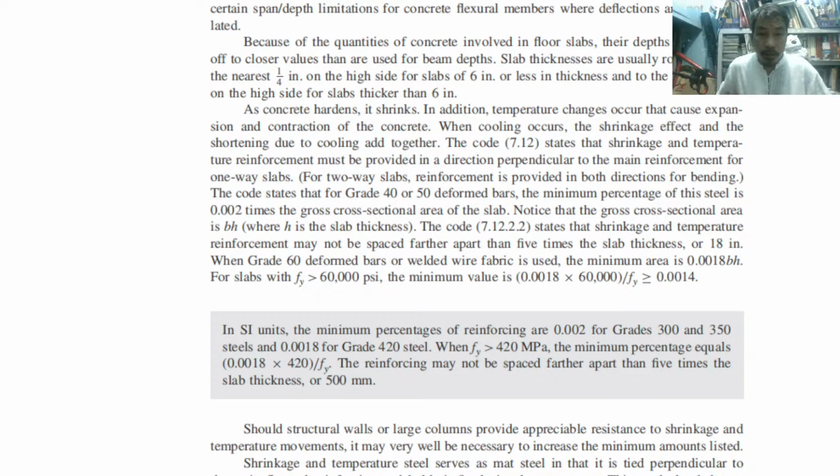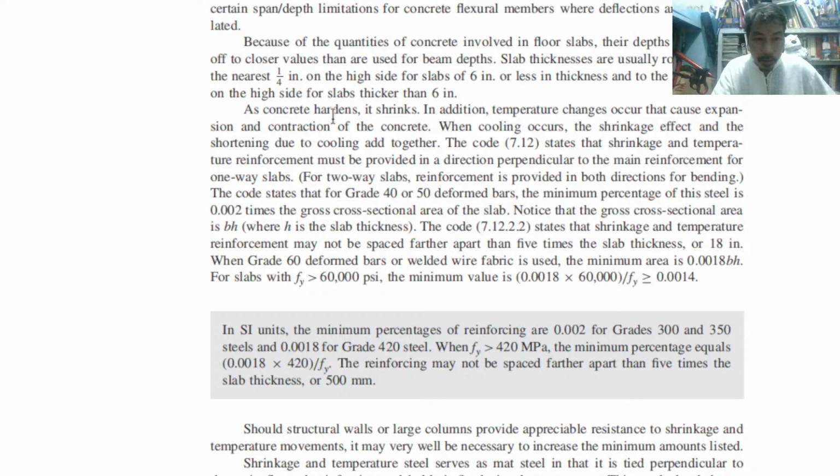The same is true with 5 mm. That's why we are rounding up to the value nearest 5 mm. For example, 113, we will round it up to 115. Or 112, we will round it up to 110. That's how we do it.